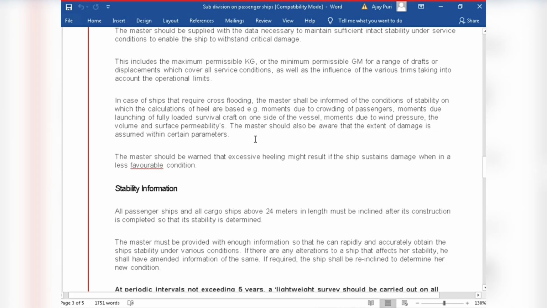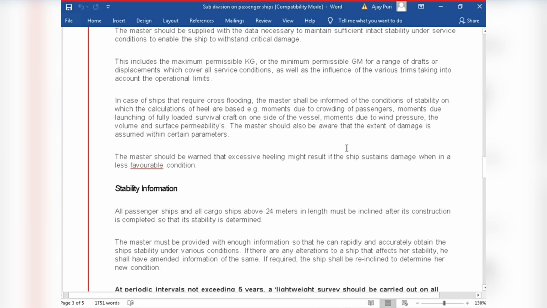Now, in case where the ship requires cross-flooding, the master should be informed of the condition of stability on these calculations of heel, as based on the moments due to crowding of passengers, moments due to launching of fully loaded survival craft on each side of the vessel, moments due to wind pressure, the volume and service permeabilities.